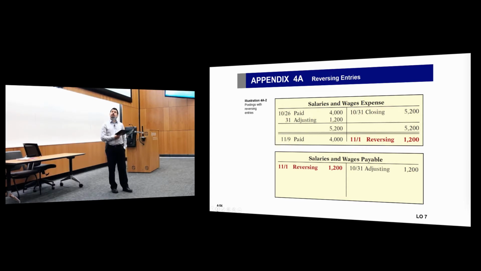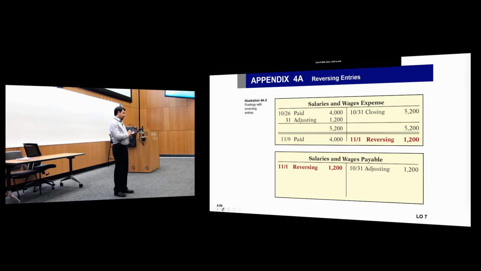This is what the company paid, and then you have the adjustment, and then you have also the reversing entry. It will give you the same amount eventually. Any questions? Okay. Do you have any questions about this chapter?